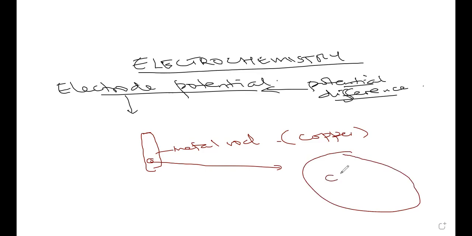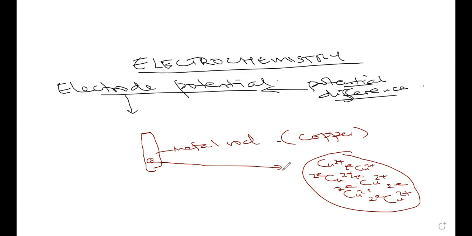It has copper 2 ions in it, and a sea of delocalized electrons, 2 electrons for each ion. That's what is entirely the structure of that metal rod.